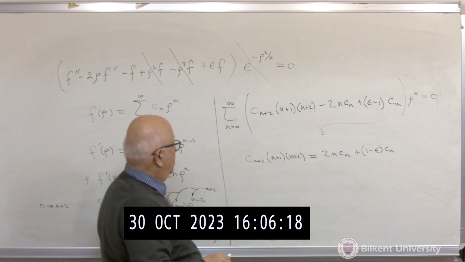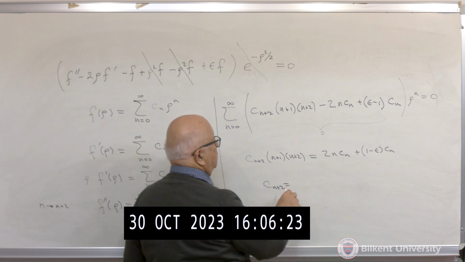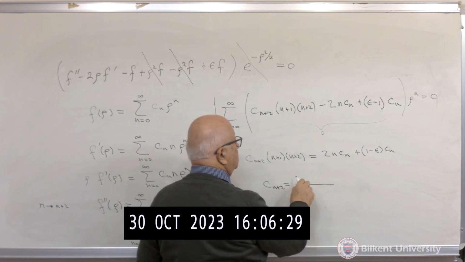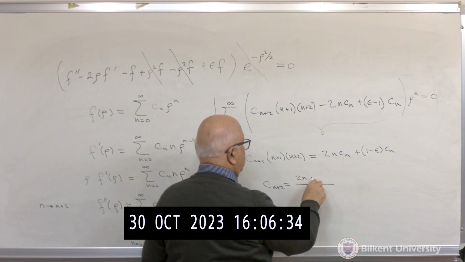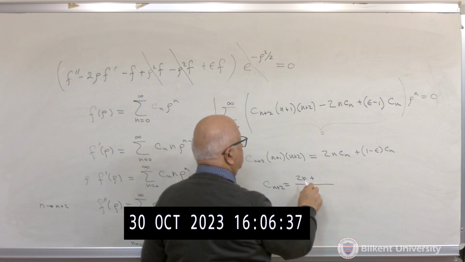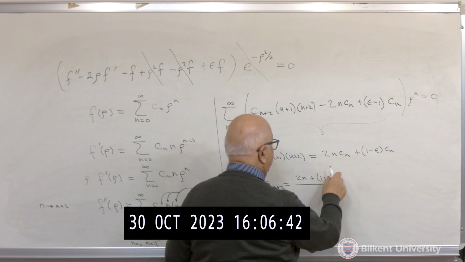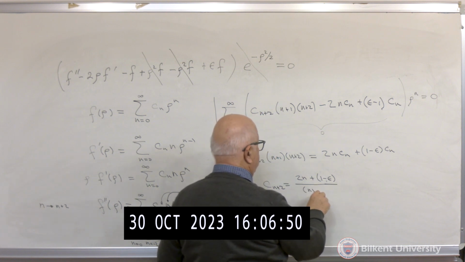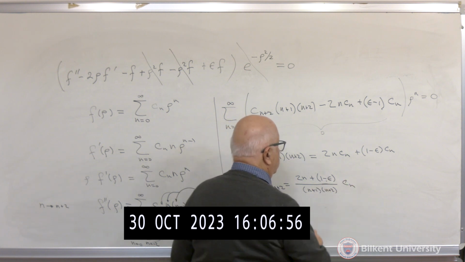All right? Or C_{n+2} is equal to (2n + 1 - epsilon) divided by (n+1)(n+2), Cn. Okay, that's very nice.